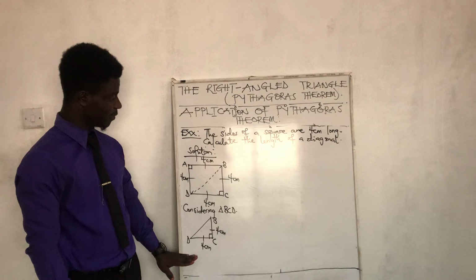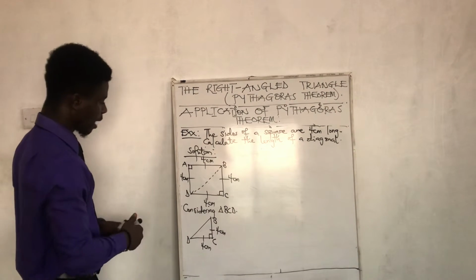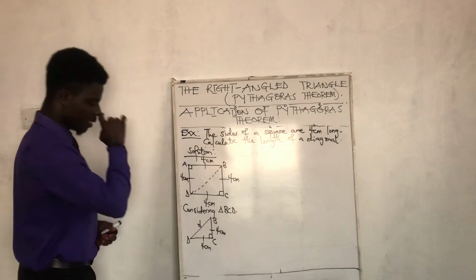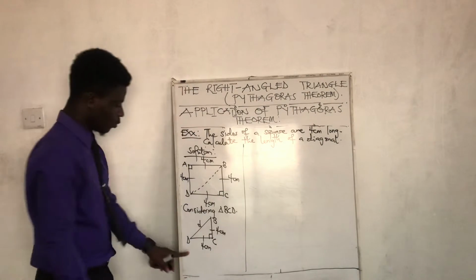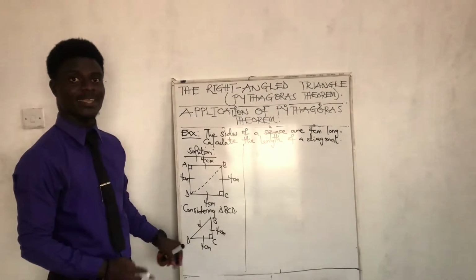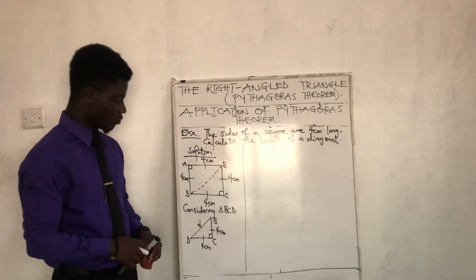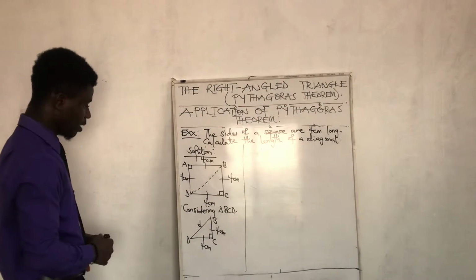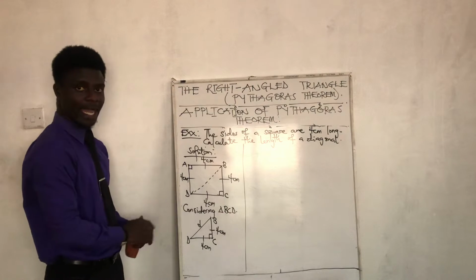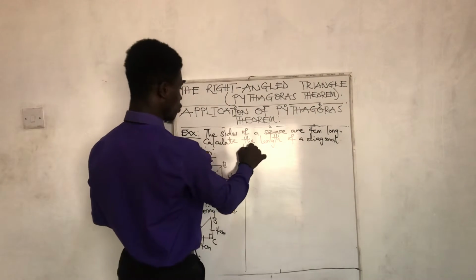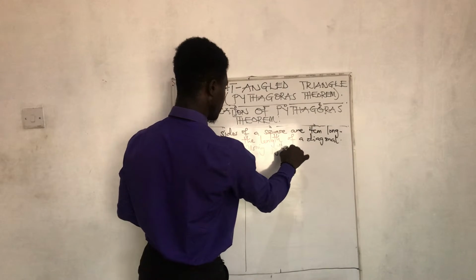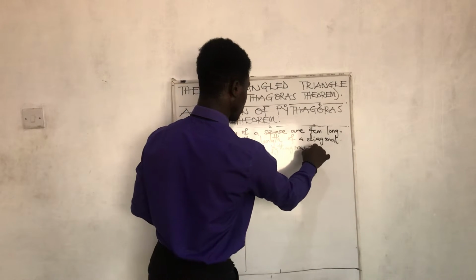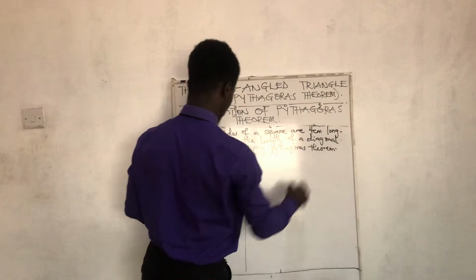So how can we calculate the length of this diagonal D? We now know that this shape is a right-angled triangle, so it means that we use Pythagoras theorem.